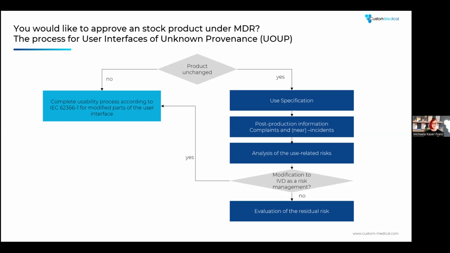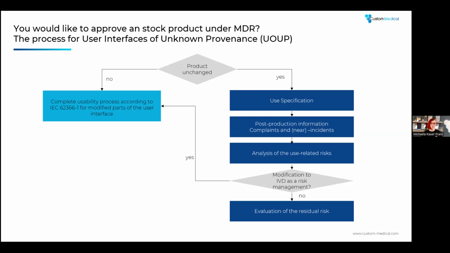So the UP process gives you the possibility to be applied not for the complete product, but for parts of the product. So imagine you do have a syringe, for instance, and you're just modifying one small part of the syringe. But the original product was released in 2010.